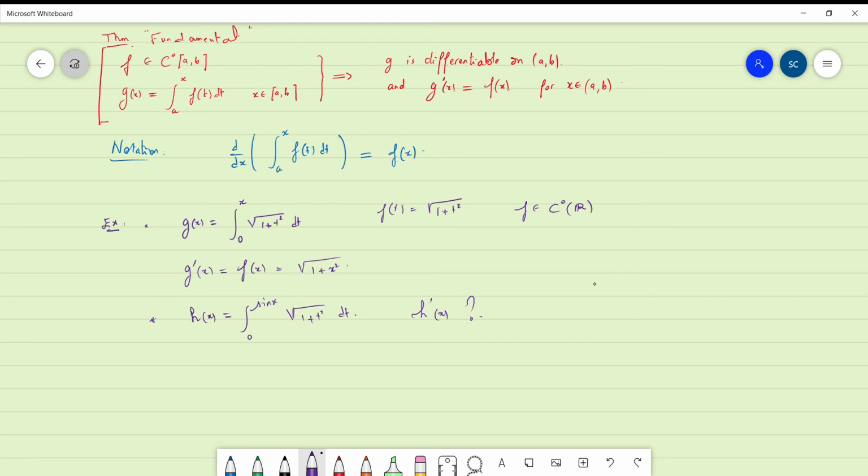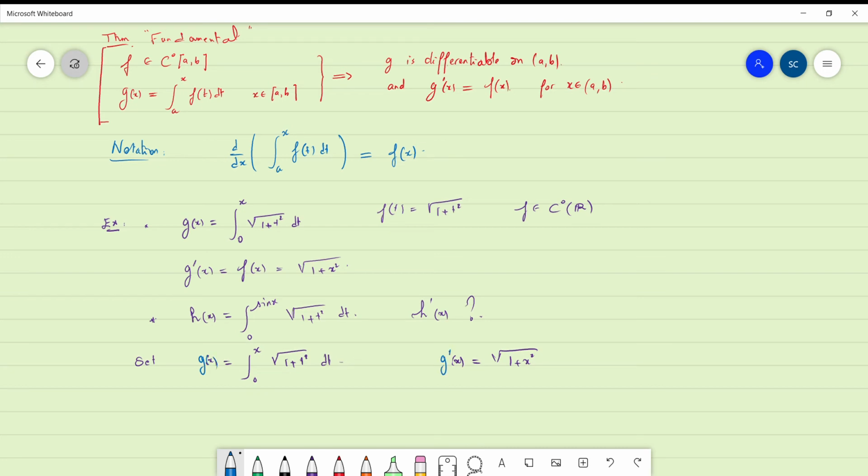Let's introduce the function F of x as the integral from 0 to x of the square root of 1 plus t squared dt. I know that its derivative is the square root of 1 plus x squared. It's our g, the previous g, so let's keep the same notation.